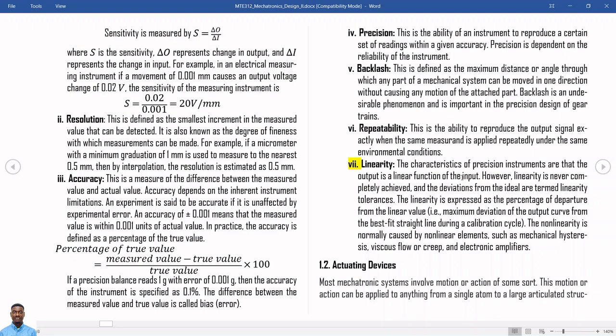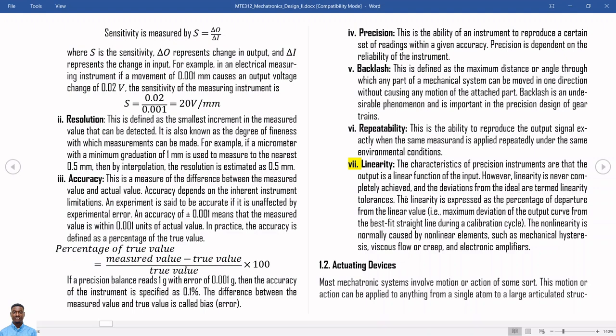There's always some level of deviation from the linearity of the input. So the deviation from the linearity that should be there, between the outputs that the precision instrument is reading out and the inputs being measured, that difference in their linearity is what is termed as the linearity tolerance.